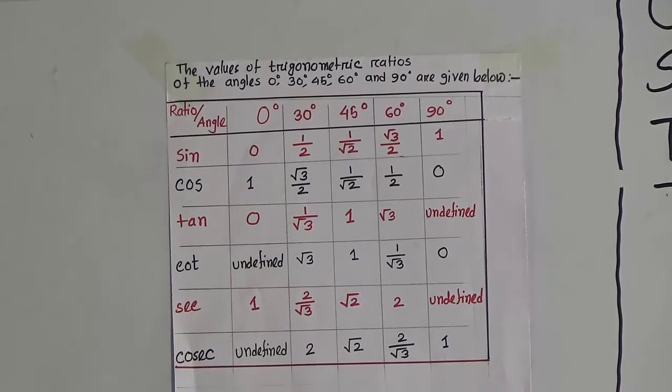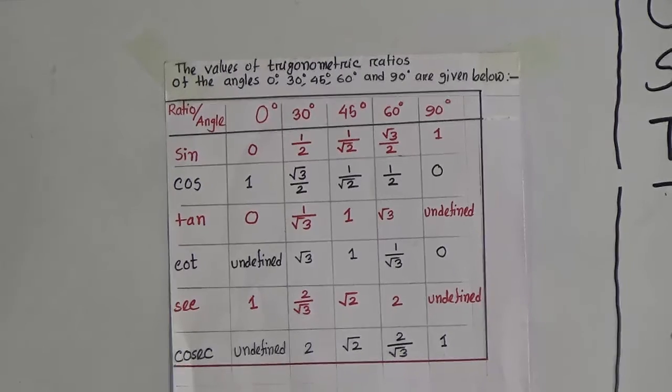Look now, why is this formula or trigonometric ratio necessary? Suppose we want to determine tan 30 degree.